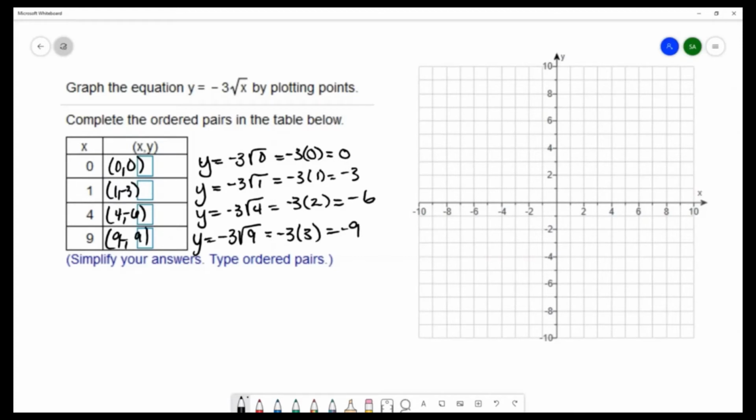I'll plot these ordered pairs, and I have 0, 0, 1, -3, 4, -6, and 9, -9.